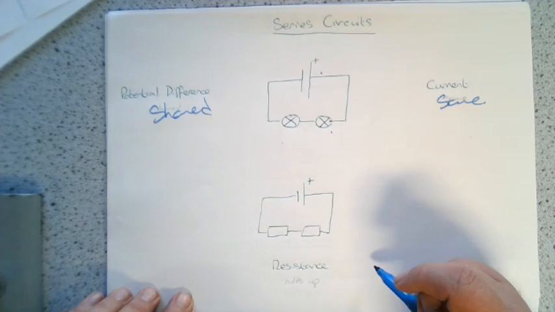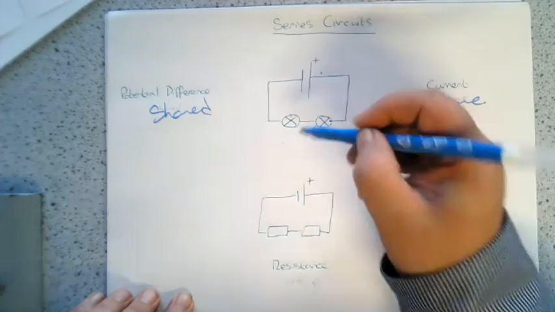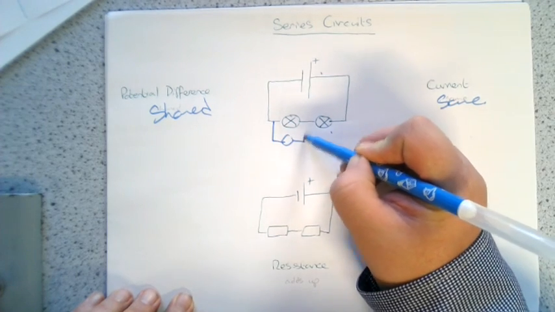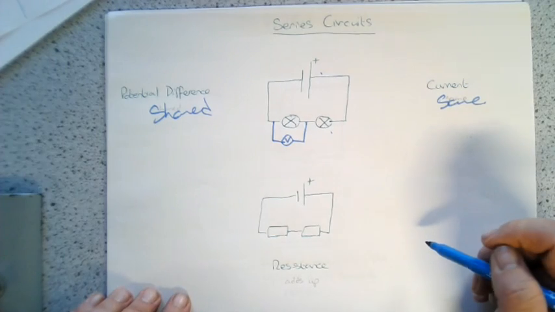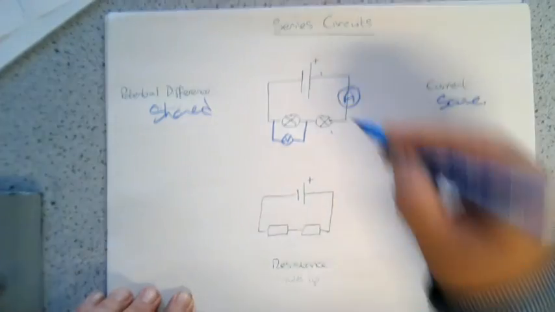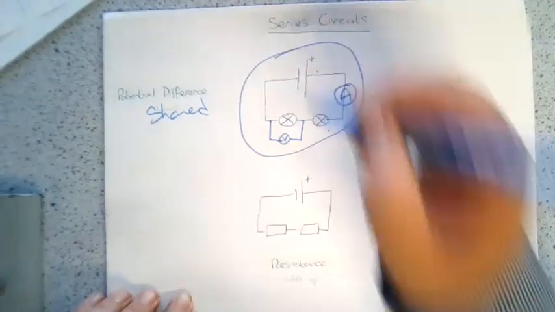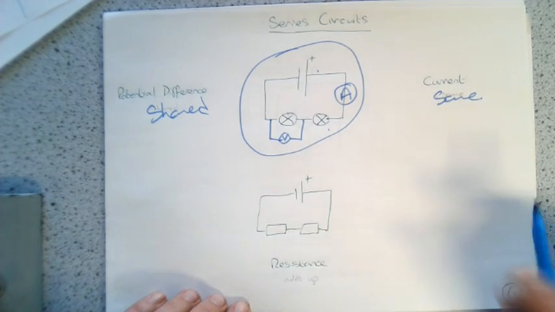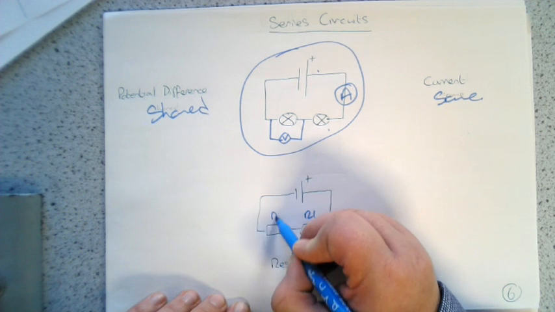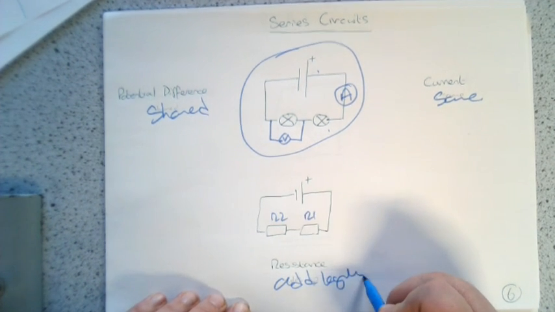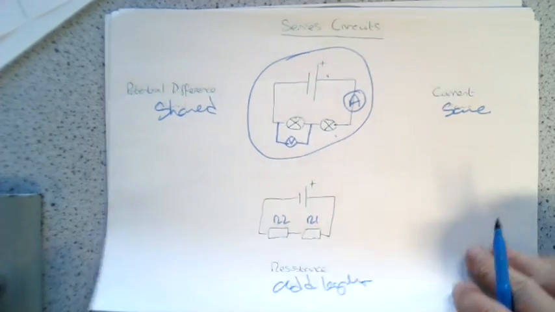Now, if I wanted to actually put a voltmeter to represent the voltage in here, it must always go in parallel to the object, whereas my current, my ammeter, goes into the loop. Okay, and let's just remember here, if they ask you about the resistance, there's resistor 1, there's resistor 2, okay, they all add together. Okay, so that's the basics about your series circuits.